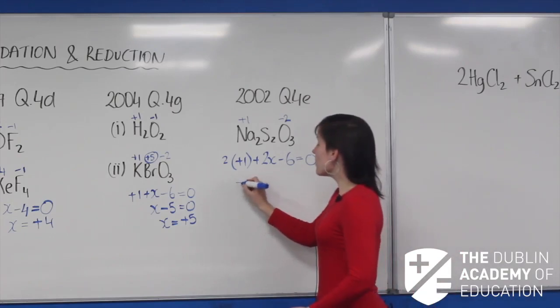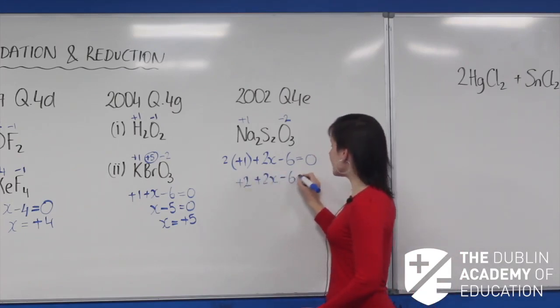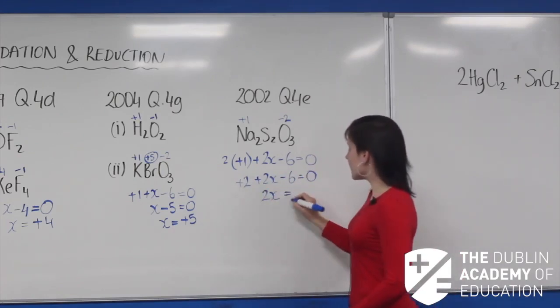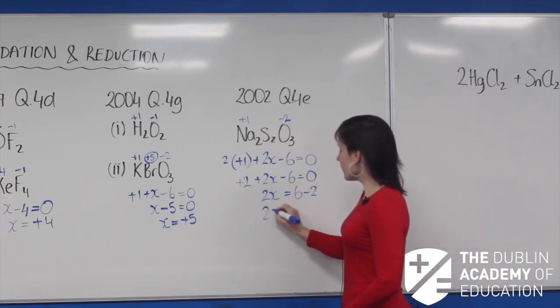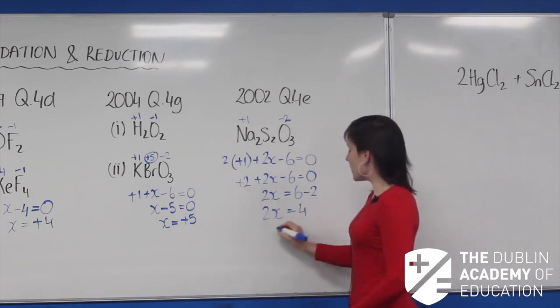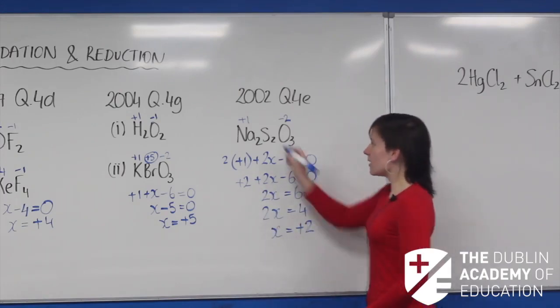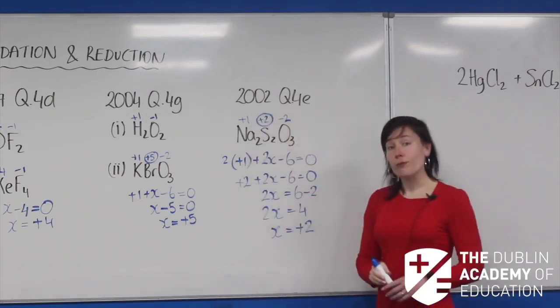So plus 2 plus 2X minus 6 equals 0. So that's going to be 2X equals 6 minus 2. So 2X equals 4. Therefore, X is going to be plus 2. So each of those sulfur atoms has an oxidation number of plus 2.